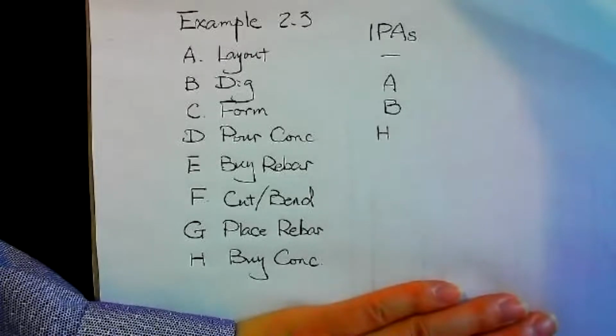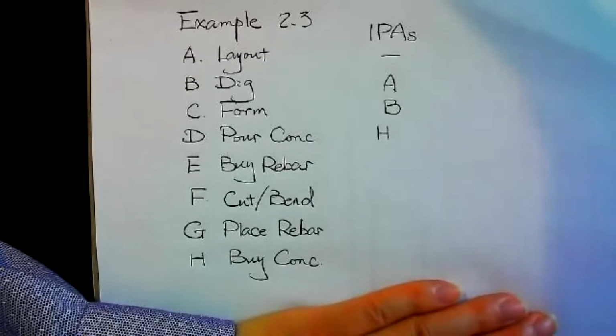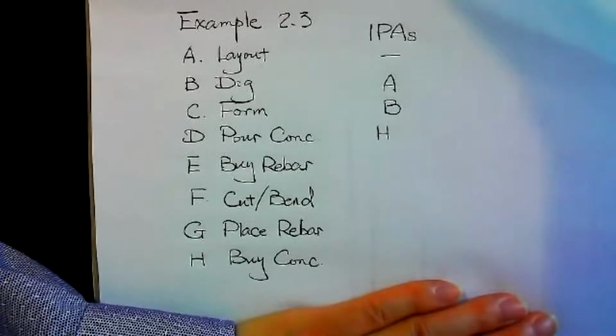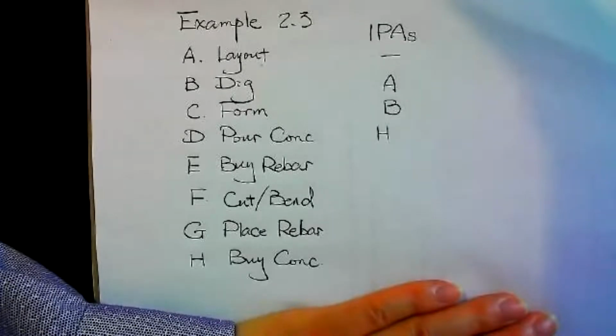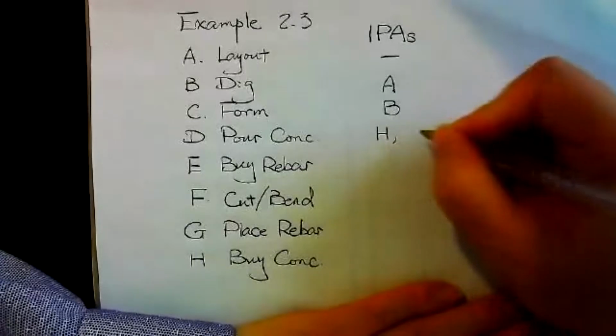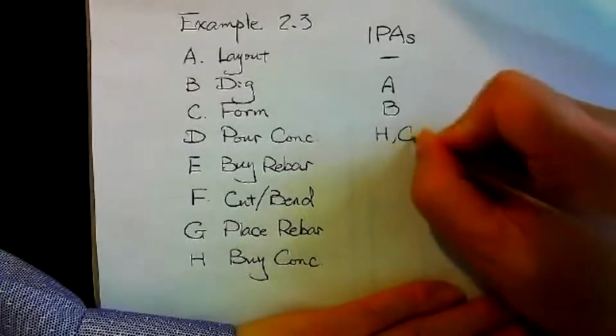Place rebar. Get the rebar in location. So which one needs to be immediately before I pour concrete? Among those, very good, G. Okay, so place rebar. Put the rebar in location. This one. Okay, so this one has G.